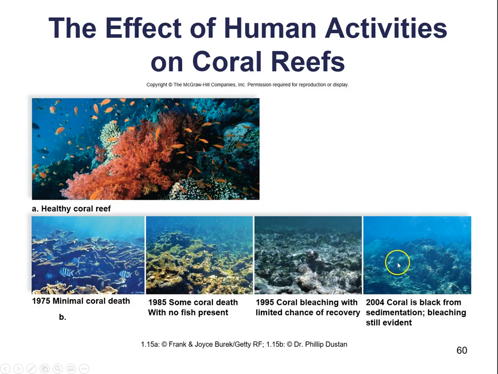If we move further through, I don't see any fish in this picture here, right? And then it's getting worse. And worse. Okay, so you can see some bleaching, right? That's occurred of that coral reef. And so again, the biodiversity that once existed in this ecosystem is essentially gone, right?